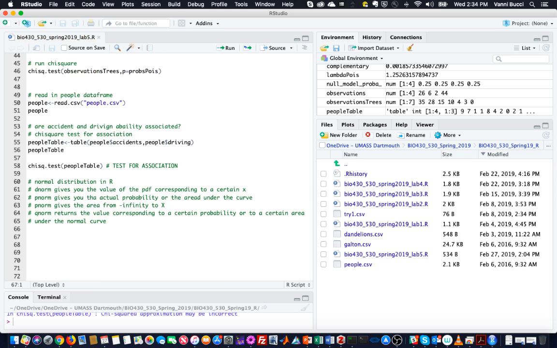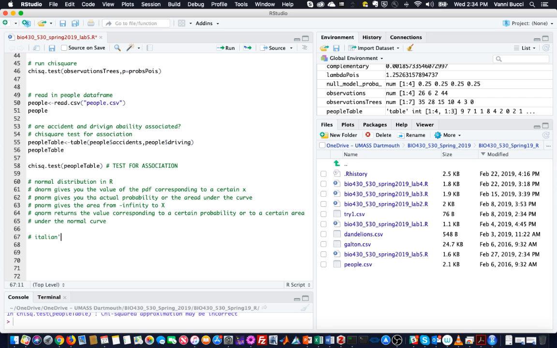So let's assume we're looking at the population of 4 to 6 year old Italian kids, right? Or let's assume that Italian kids are normally distributed.